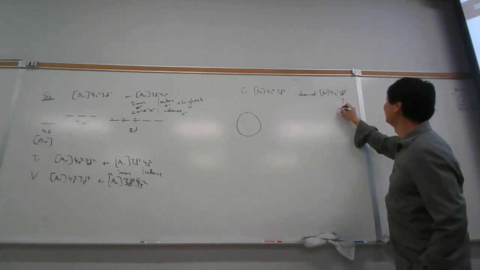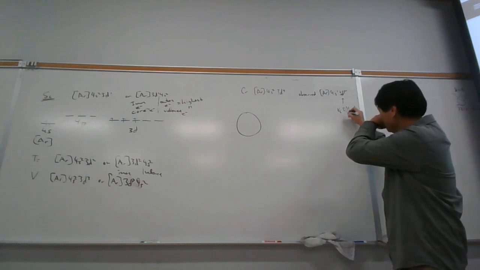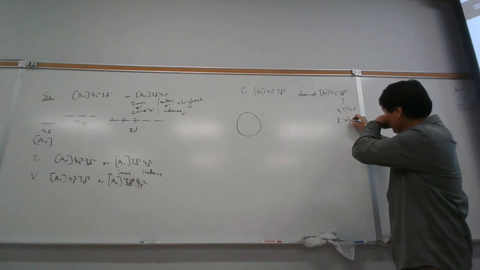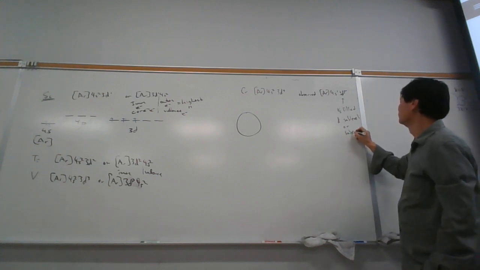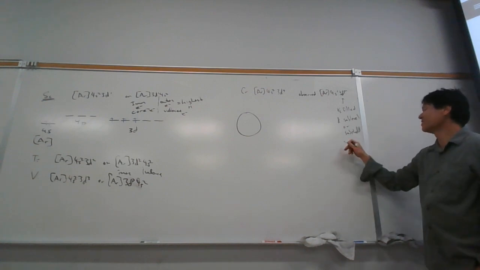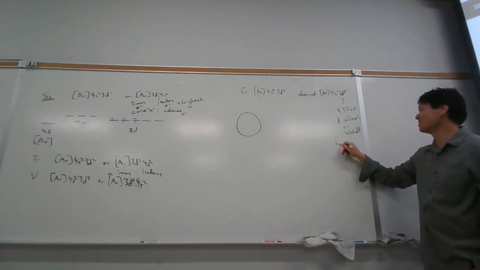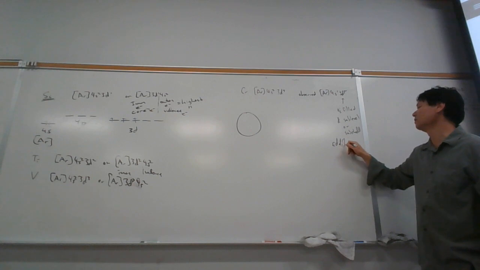This would be a half filled d sublevel or subshell. A half-filled d sublevel or subshell has some symmetry stability to it. Let's just say additional stability.